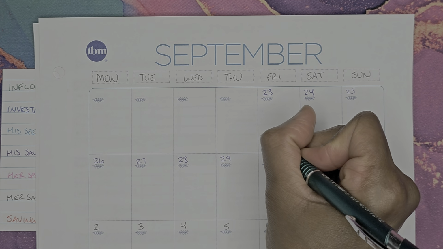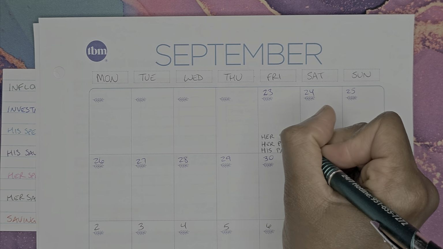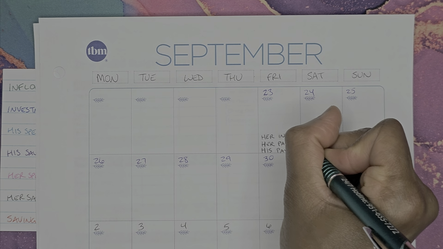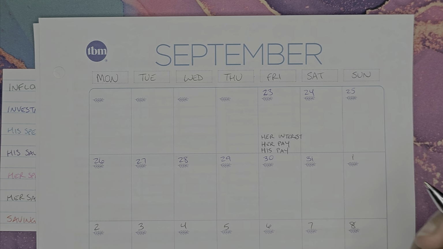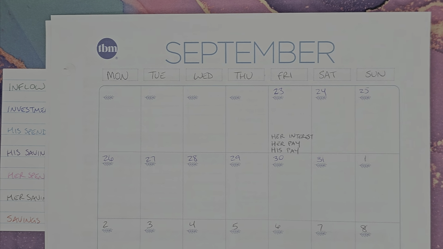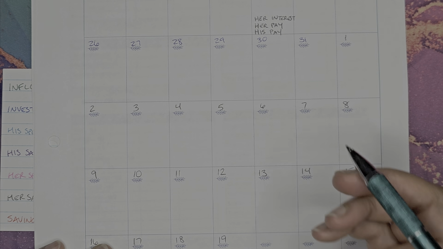Okay, and then also I get my bank account interest on the 23rd every month. So her interest. Sometimes I just put INT because it doesn't really fit that well. But anyway, to the 6th.